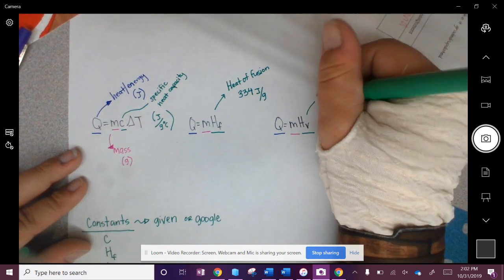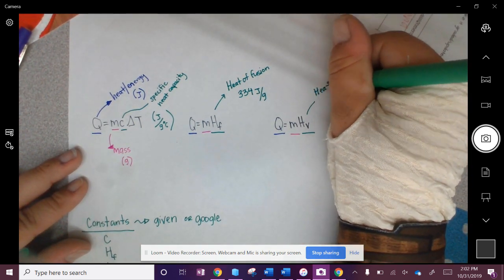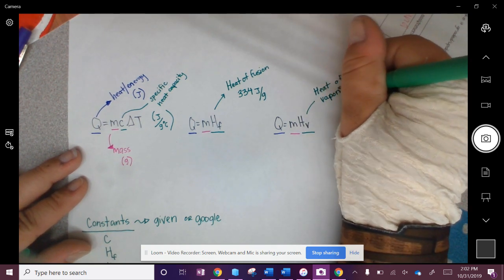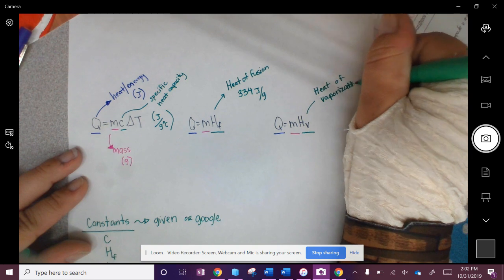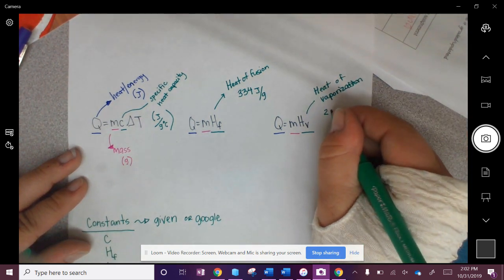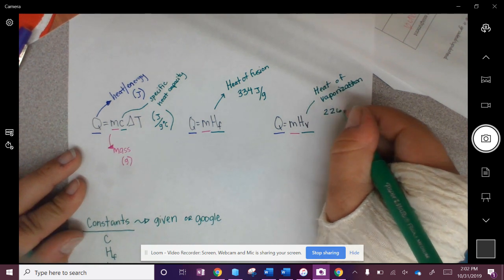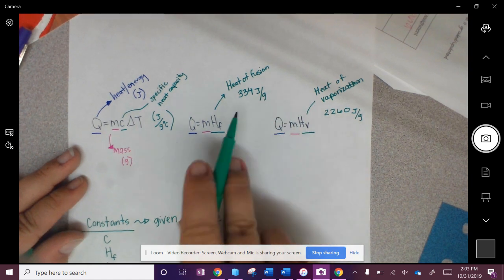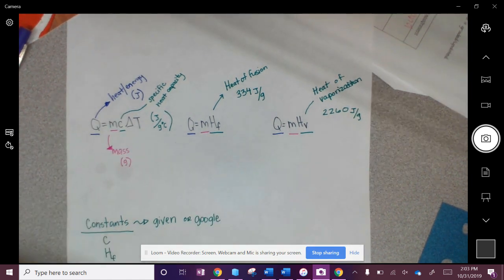And then finally, we have the heat of vaporization. And the value for water is 2260 joules per gram. Again, these numbers are going to be given, but you need to know which is which. You have to know which is the heat of fusion, which is the heat of vaporization.